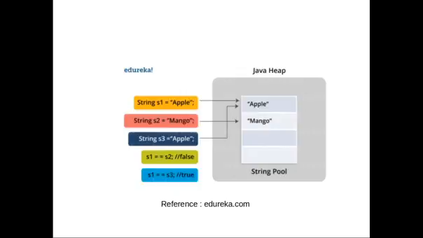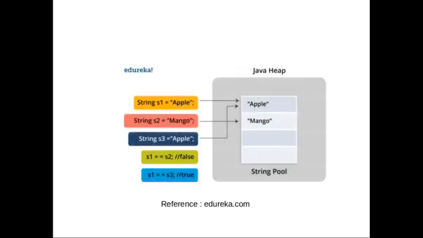Now whenever I declare another variable, string s3 is equal to apple, you can see it won't create another memory allocation for this apple, because apple is already there in the string pool. So it will simply refer to the address where s1 is stored. Suppose that address location is 1000.